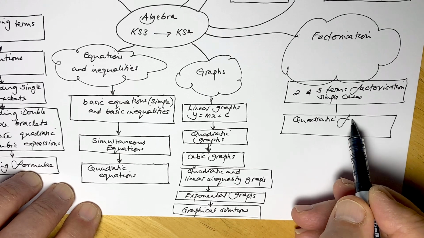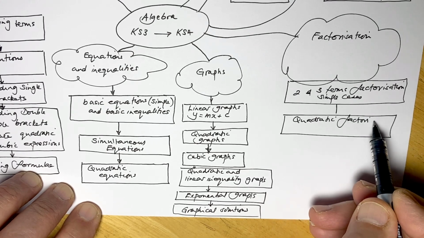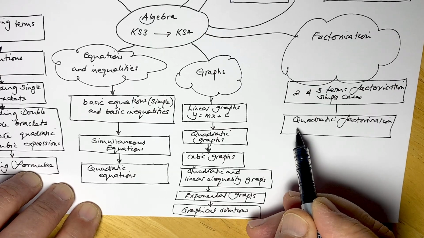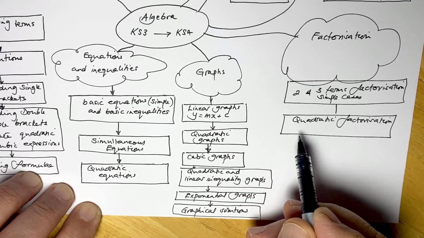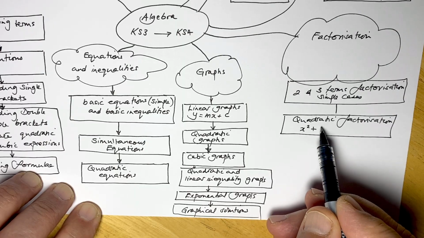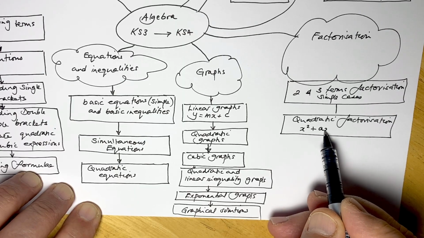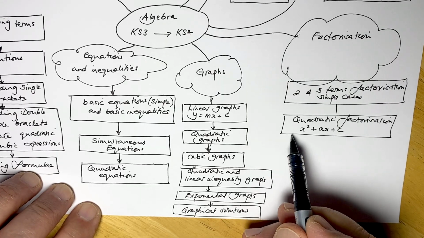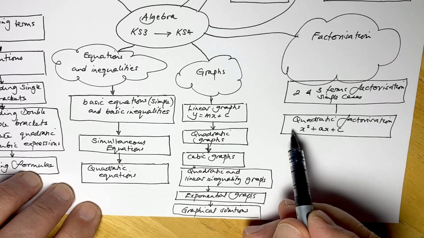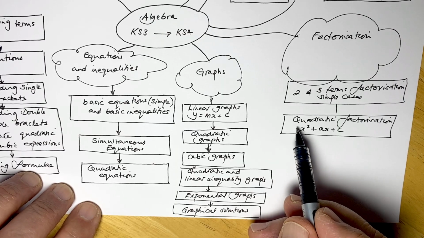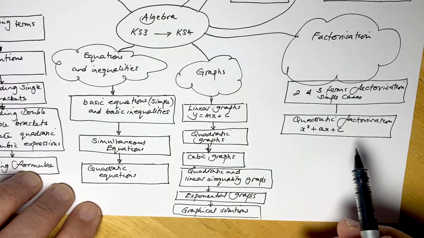Quadratic factorization in the form of x squared plus ax plus c, where there is no visible coefficient of x squared. The coefficient is 1.